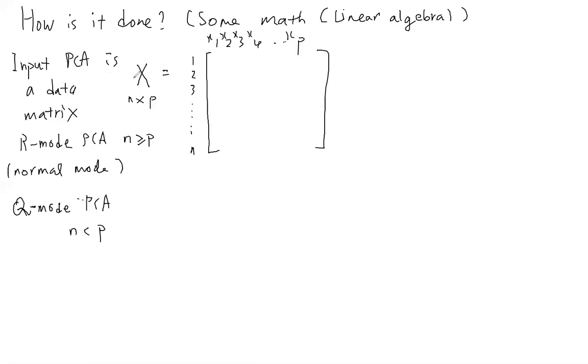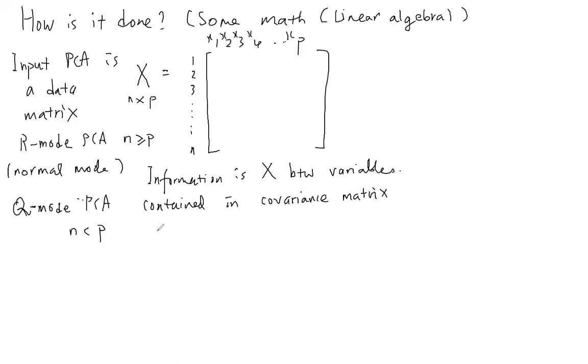Your input is basically a data matrix which has n rows and p columns, right? Now the information in X between the variables is contained in the covariance matrix.